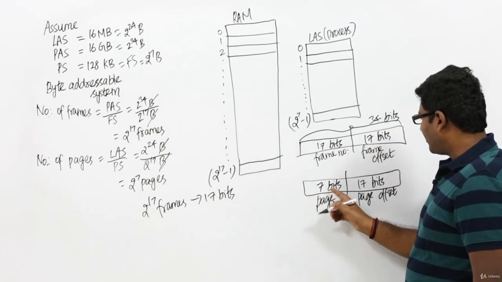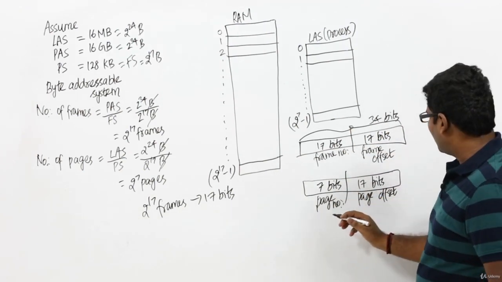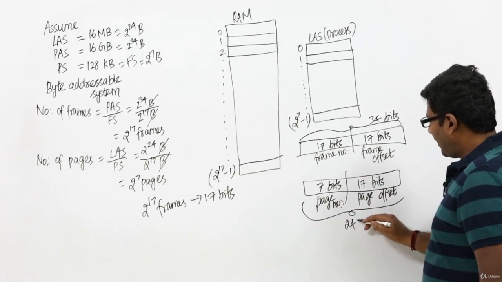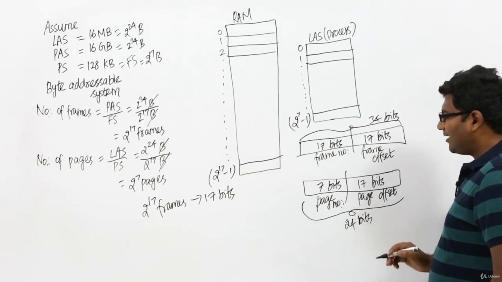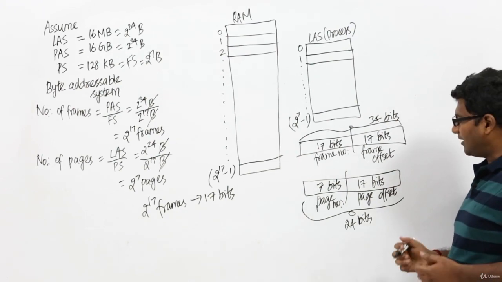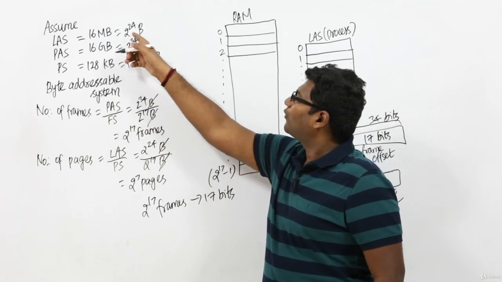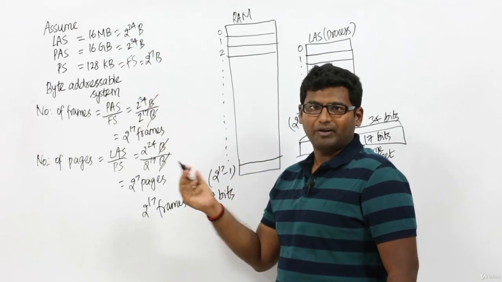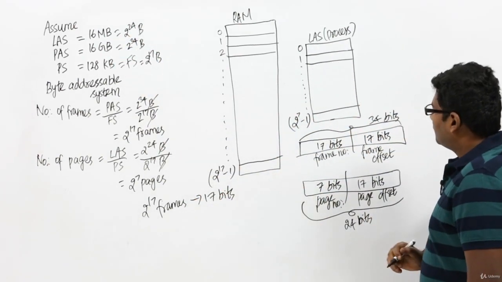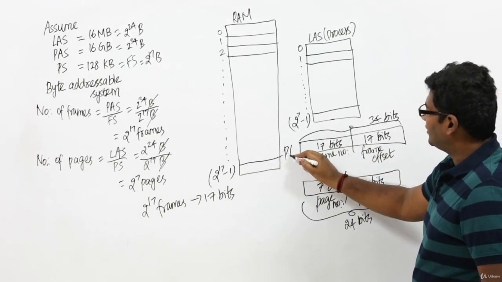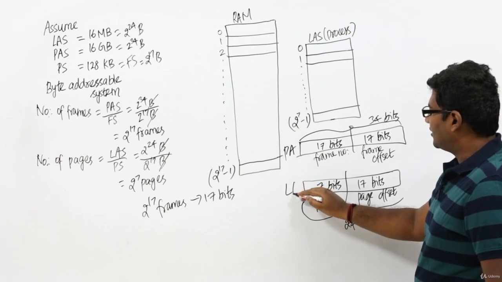Similarly, we have 7 bits over here and 17 bits over here, a total of 24 bits, and so the total size of our process, which means the logical address space, should be 2 power 24 bytes, and that is how we got it here. You can verify it if you want. So this is our physical address, and this is our logical address.